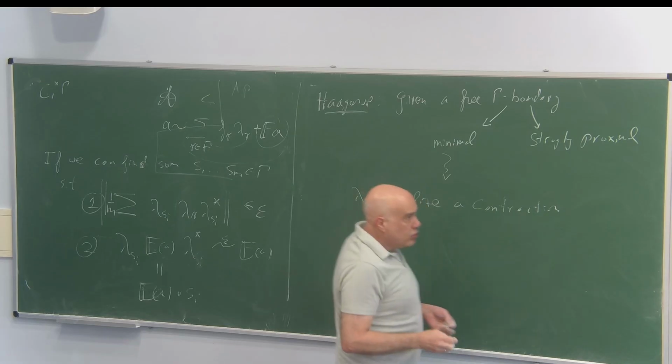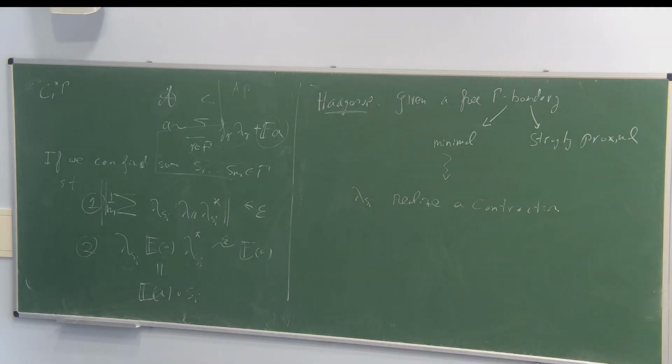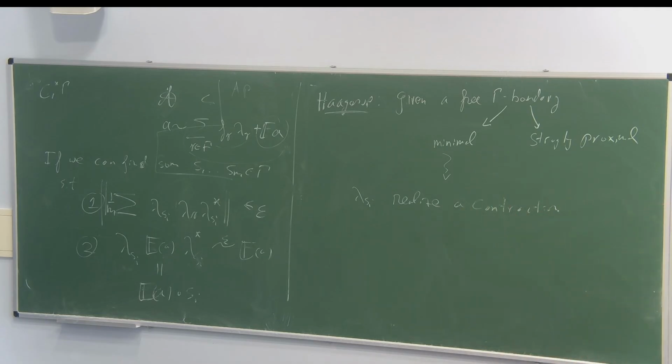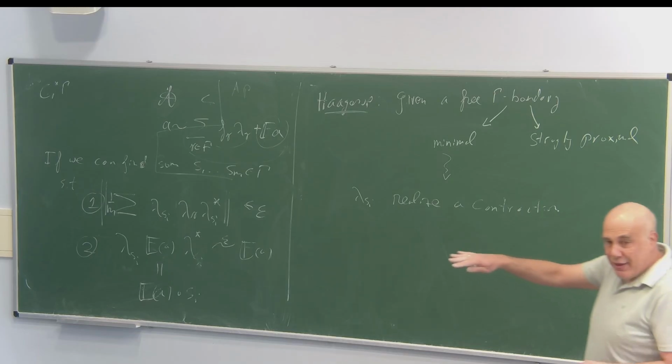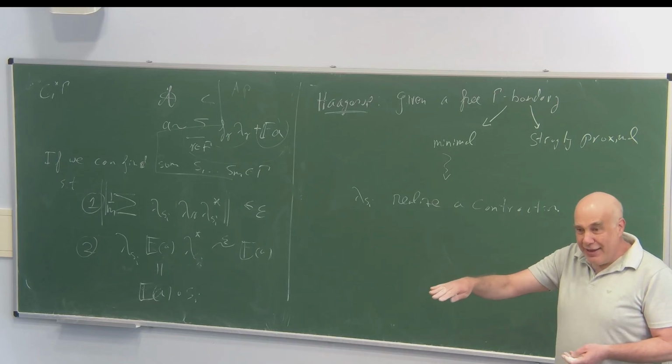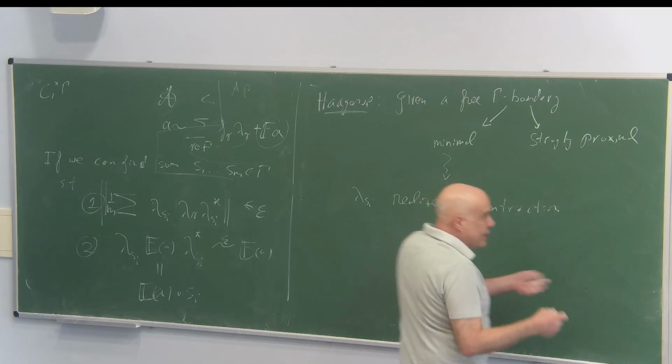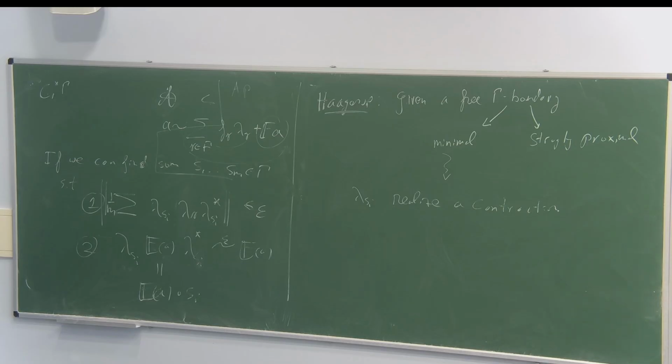What we want to do is, instead of using this abstract boundary, use the convergence action that we are given as an auxiliary space. It has nothing to do with the rigid space that we are given. But the advantage of this picture is that we get much more than minimality and strong proximality.